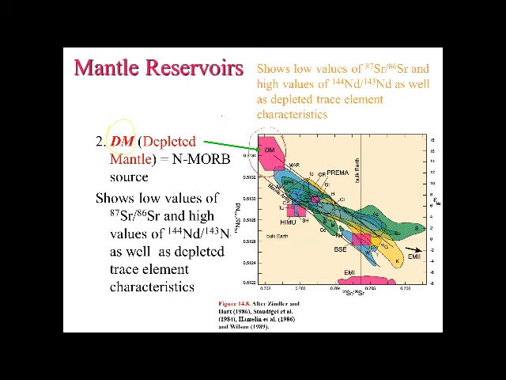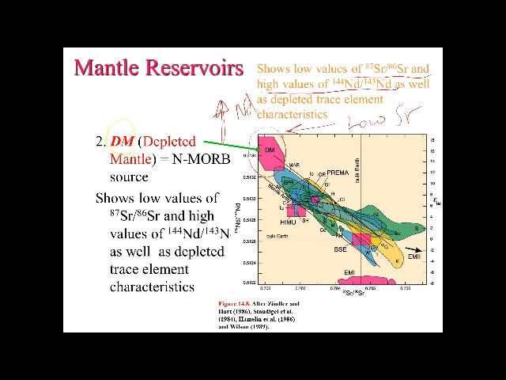That indicates high neodymium values and low strontium values. High values of neodymium and low values of strontium. That is the characteristic of the depleted mantle.